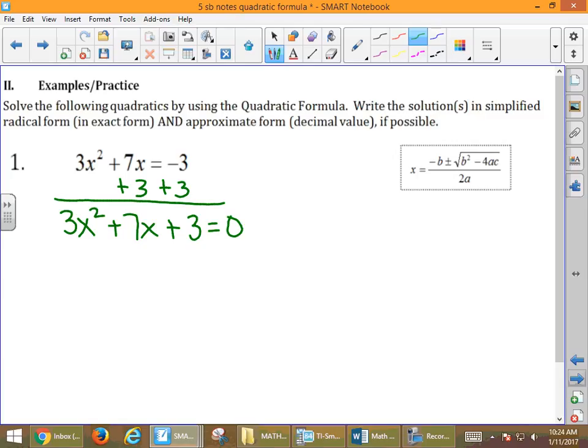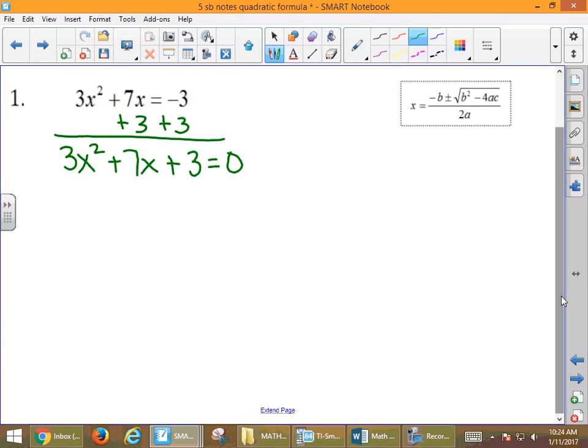Once we have our equation set equal to 0, then we can identify the fact that A is 3, B is 7, and C is 3. And now, once we identify those values, we can use those values back in the quadratic formula.